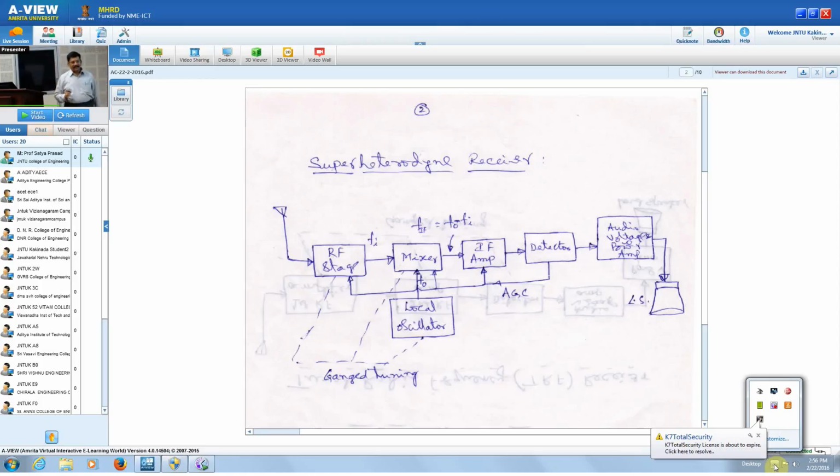Then coming again, we'll have the antenna system, which is similar. And this is given to the RF stage. So this is one station we are going to have, with the tuning capacitor covering a range.